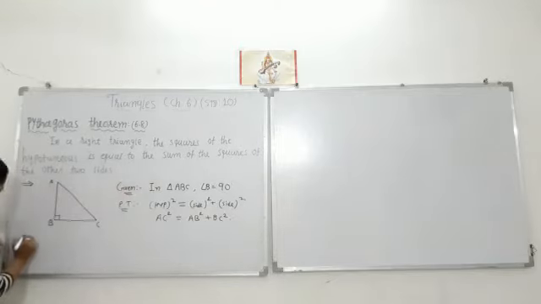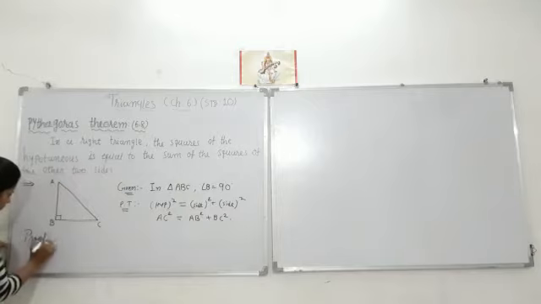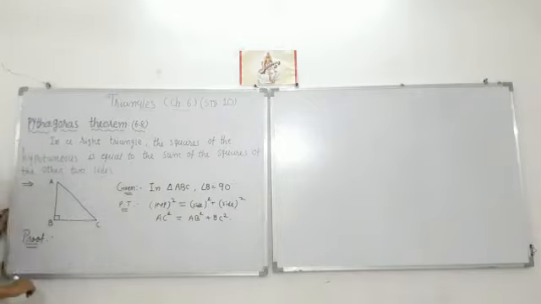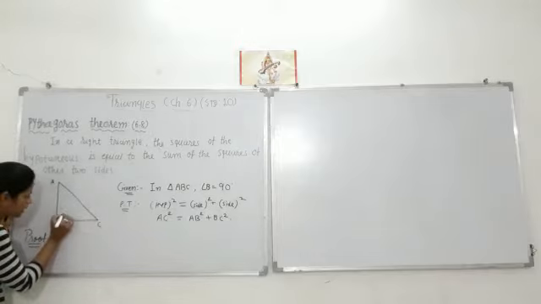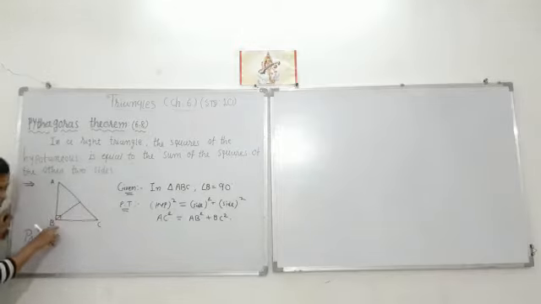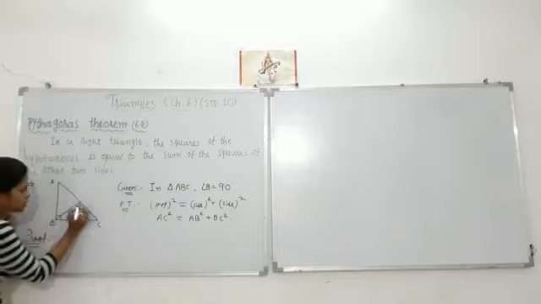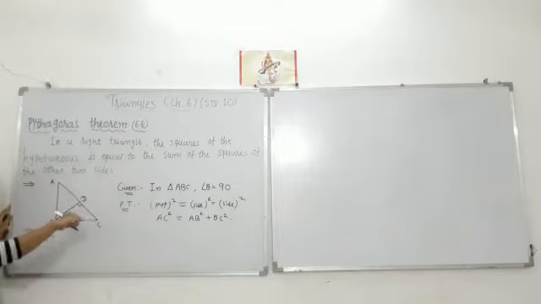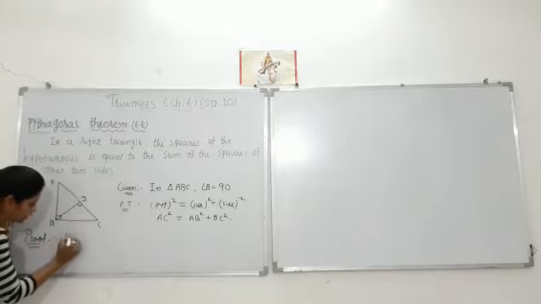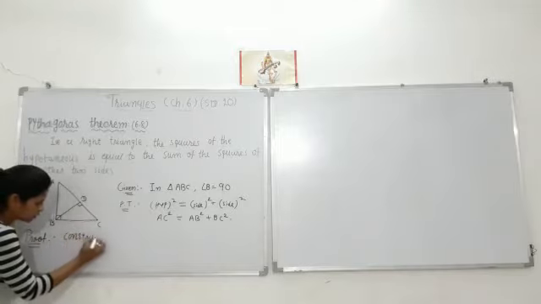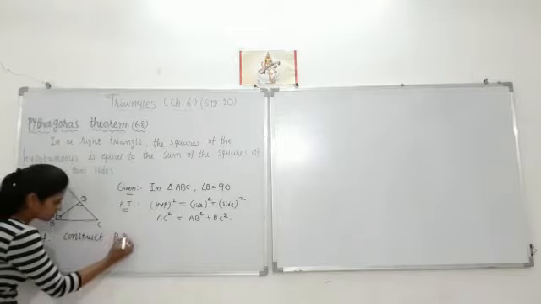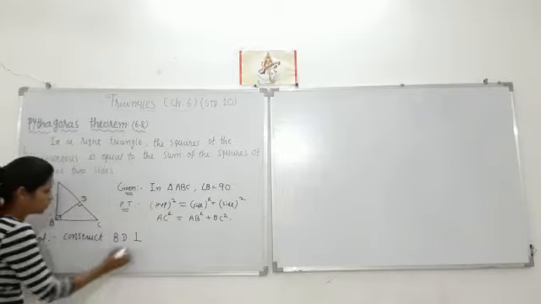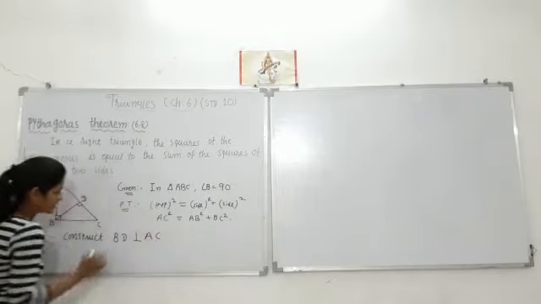Now start our proof. For proving this, we consider one altitude from this right angle triangle. So I construct here BD perpendicular to AC.